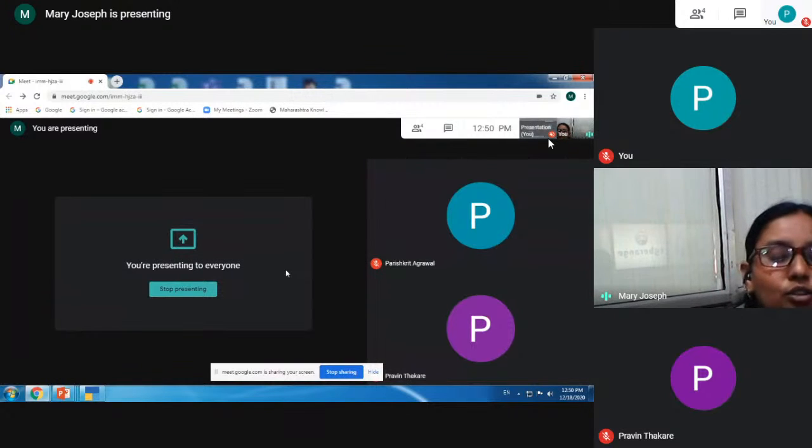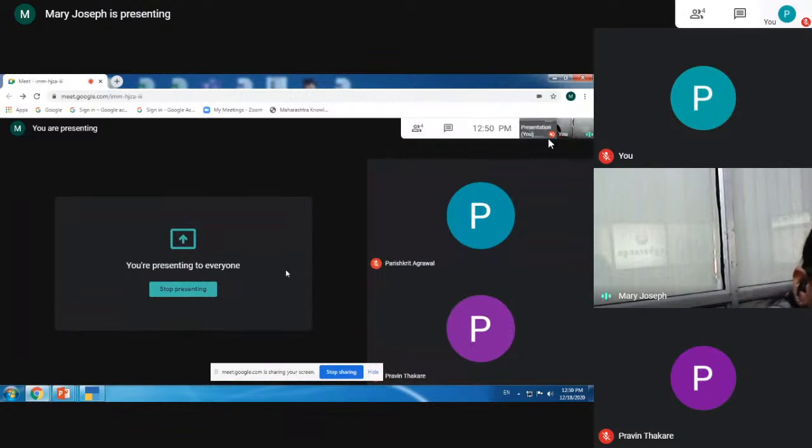Up to the 8th or 9th of November, we were using Tally.ERP9. Now, in November, the Tally company has introduced a revised version of Tally software called Tally Prime.